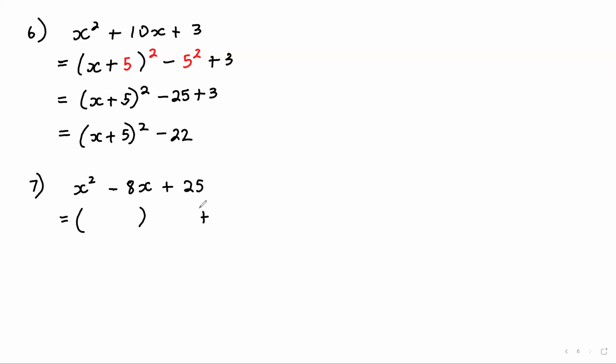So let's go. x minus 4 squared. Then you write 4 over, minus 4, and you close the bracket with 2 on top. And then you put only 25.